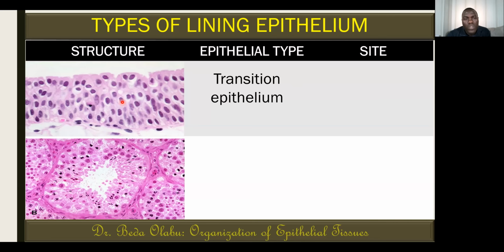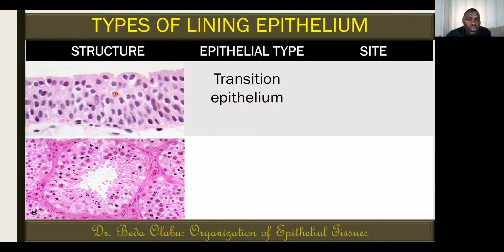Transition epithelium is called so because there's variation, transition that is, in the shape of the cells, as well as in the number of the cell layers. At some point, this epithelium will have like 7 nuclear layers, maybe in this one, about 7 nuclear layers roughly.